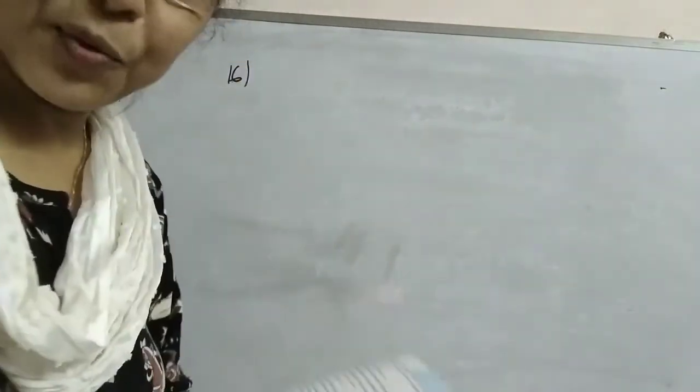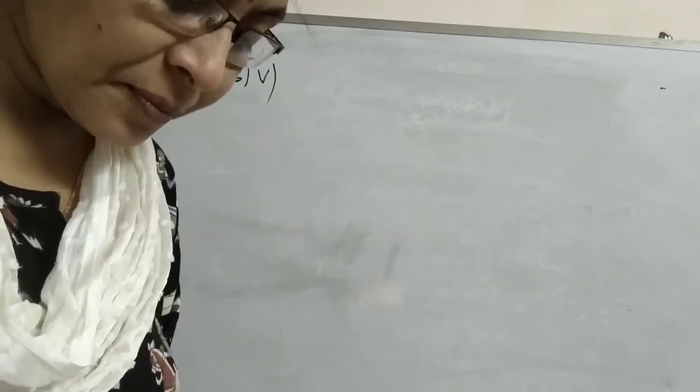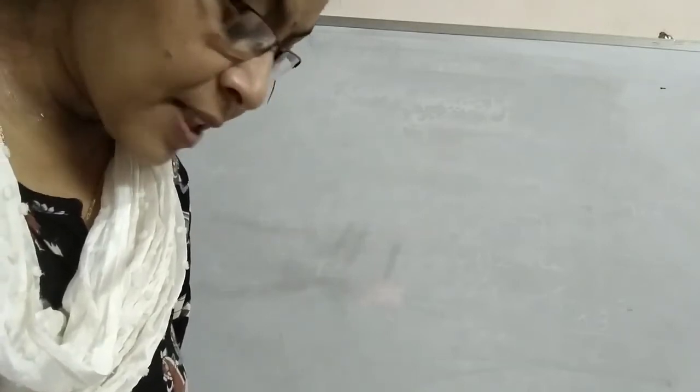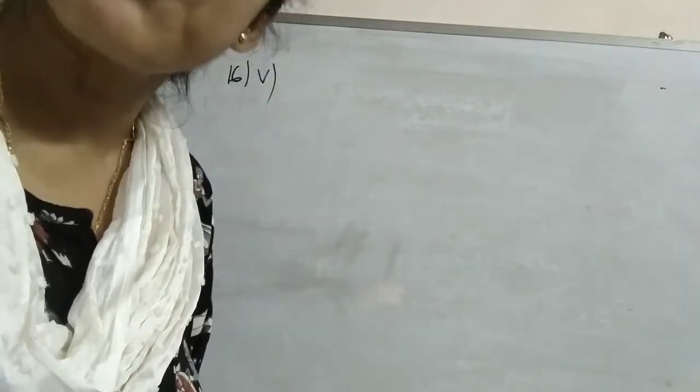Sum number 4 is over, and I will go to sum number 5. If the length of the radius of a sphere is increased by 50%, let us write how much percentage will be increased in the curved surface area.